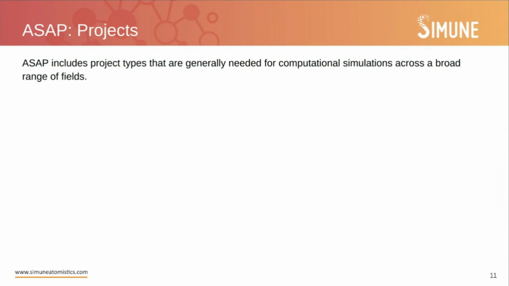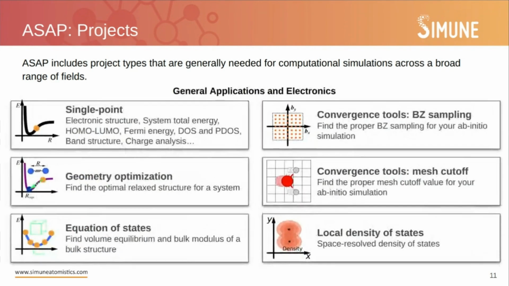Before you saw a long list of projects, so I'd like to go fast through each of those. We have a single point project, which is used in general to get electronic structure properties, the energies of the system: total energy, HOMO-LUMO, Fermi, density of states and projected density of states, band structures, charge analysis, work function, we will see later.